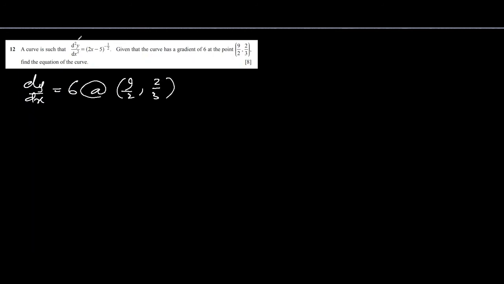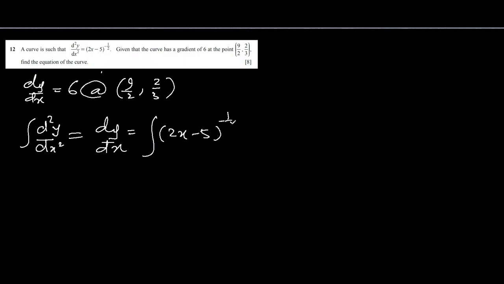Okay. So we have the second derivative here. Let's find the first derivative by integrating it. If I integrate d²y over dx², I will get dy over dx. So I have to integrate the other side also, (2x minus 5) to the power minus half dx.